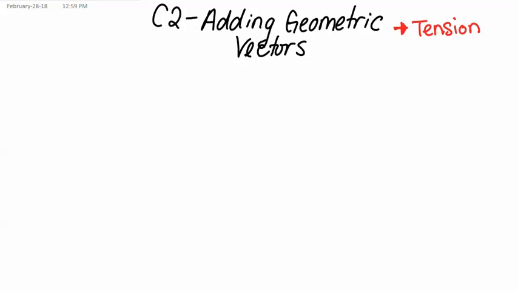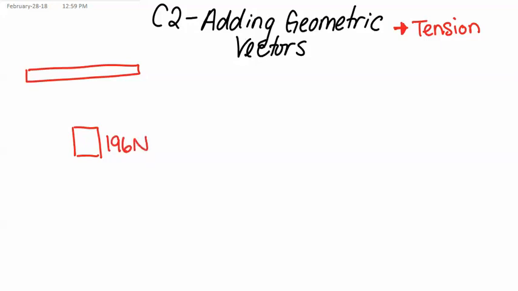So let's just say a typical tension question could be, maybe you're hanging some kind of mass from the ceiling. And let's just say you have some kind of weight here, and let's pretend that weight is, I don't know, just 196 newtons.